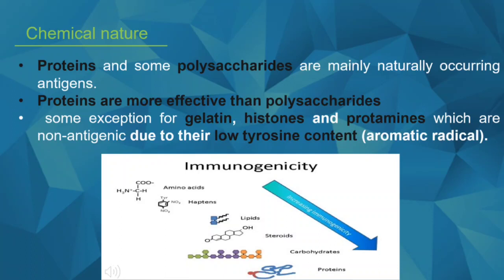And now its chemical nature. In general, the more complex the substance is chemically, the more immunogenic it will be. Antigens are mainly proteins and some are polysaccharides. Proteins are more effective than polysaccharides. Some exceptions like gelatin, histones and protamines are non-antigenic due to their low tyrosine content, which means aromatic radicals are low in these compounds.